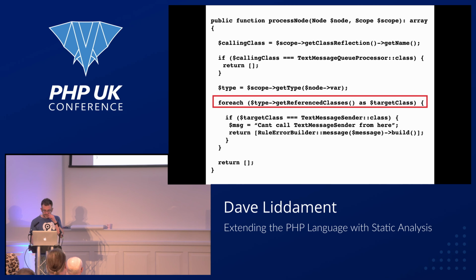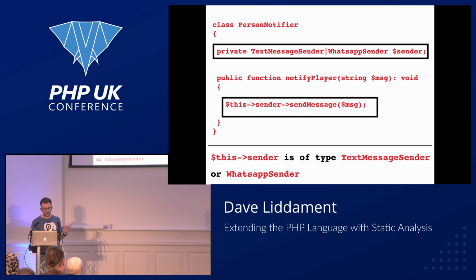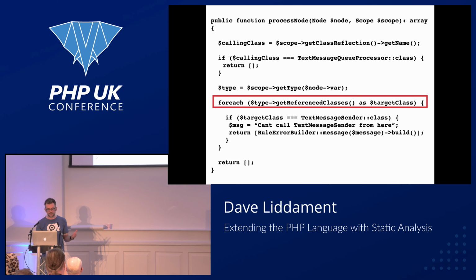But actually in PHP, it could resolve to multiple classes. I wouldn't recommend doing this particular code, but here, this sender could either be text message sender or it could be WhatsApp sender. So there are times when a property or a variable could resolve to multiple classes. That's why when we say get the reference classes, we're iterating over more than one.